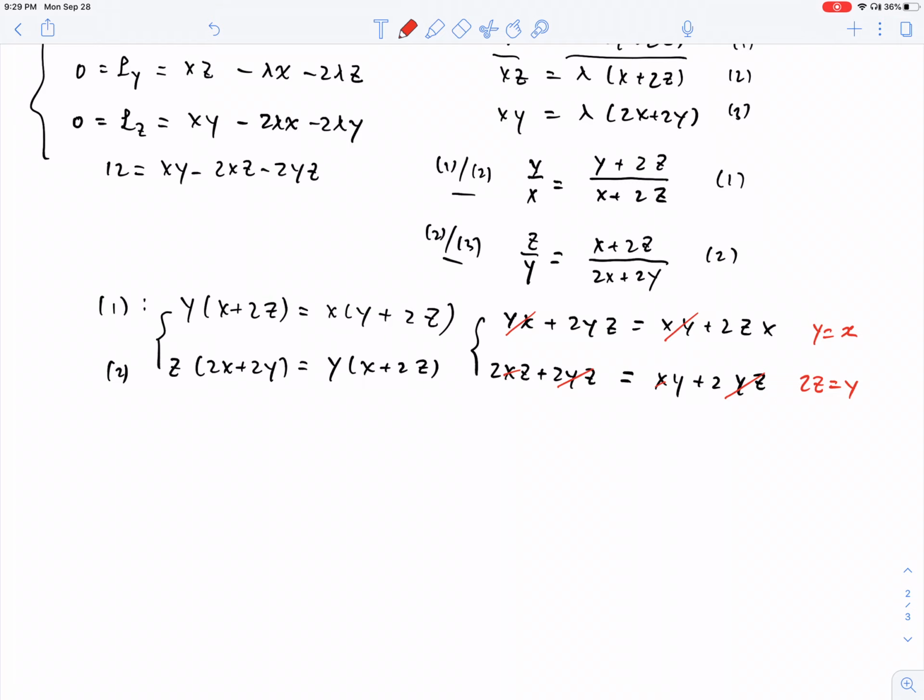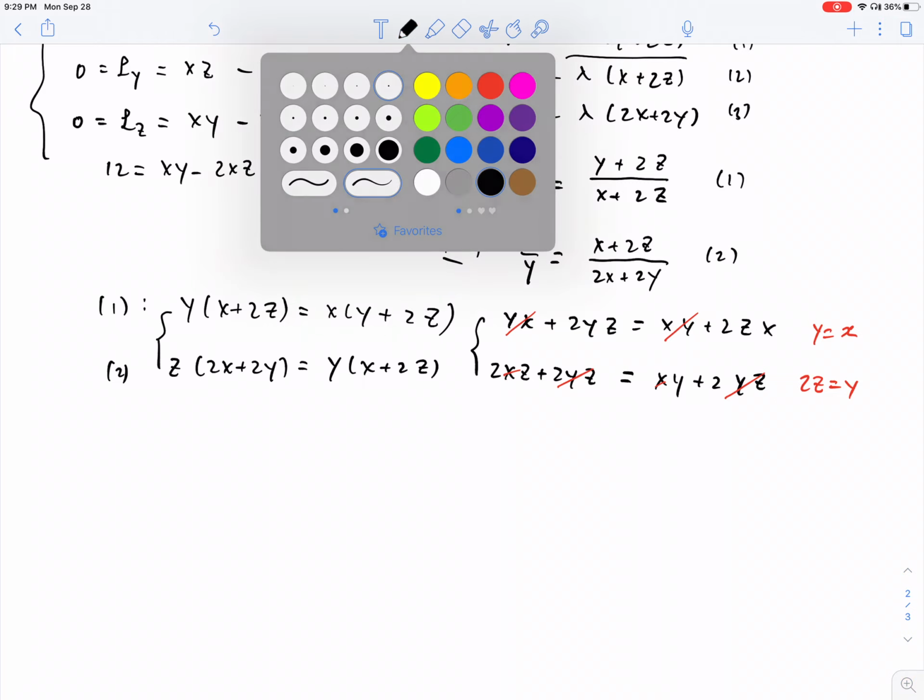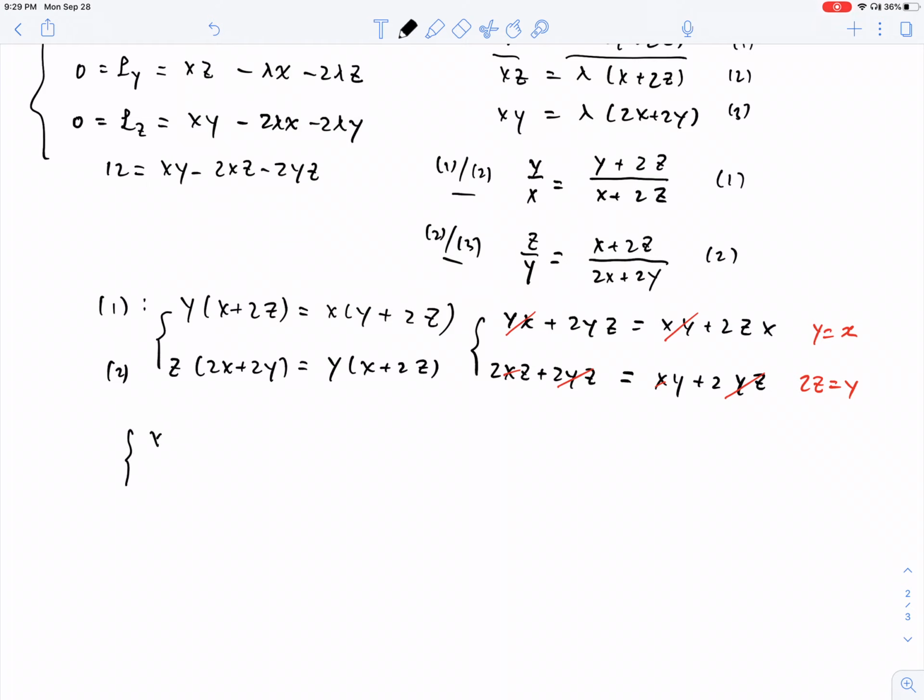So now let's put them together. What we have now is the following: x is equal to y, and 2z is equal to y. And then we have the last one. This is always the one that we're going to use last, essentially. xy minus 2xz and minus 2yz. Okay, so now we plug everything inside. x is equal to y, and 2z is equal to y.